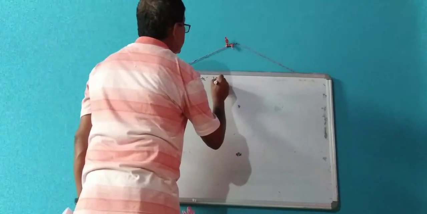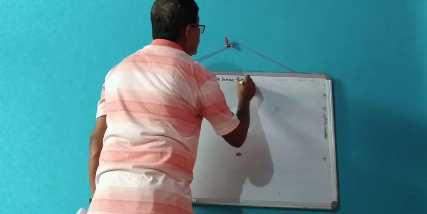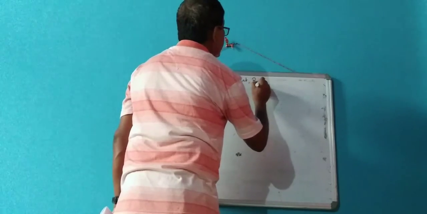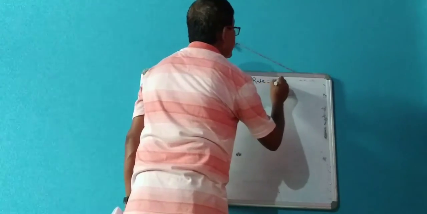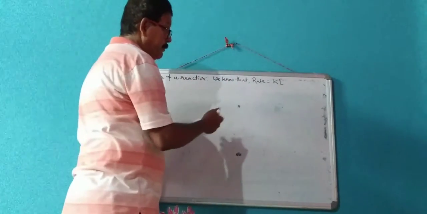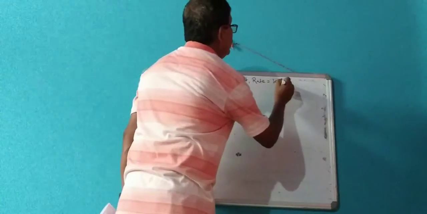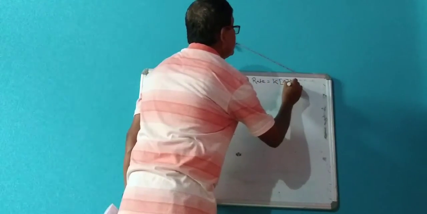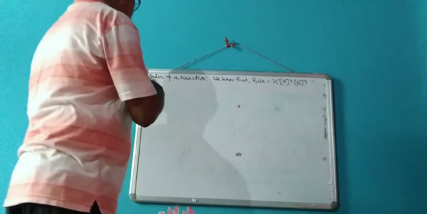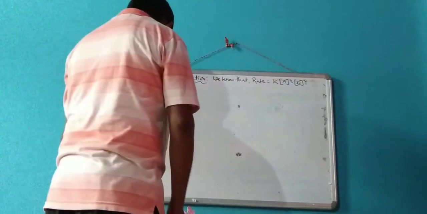We know that rate is equal to k, from the last expression, so we have found that rate equals k times A to the power x, B to the power y. Now we have to give the order of a reaction. From this, how shall we calculate the order? How does its order come?